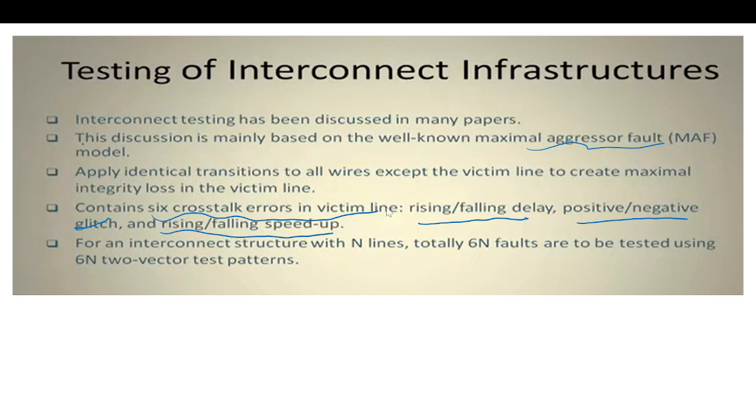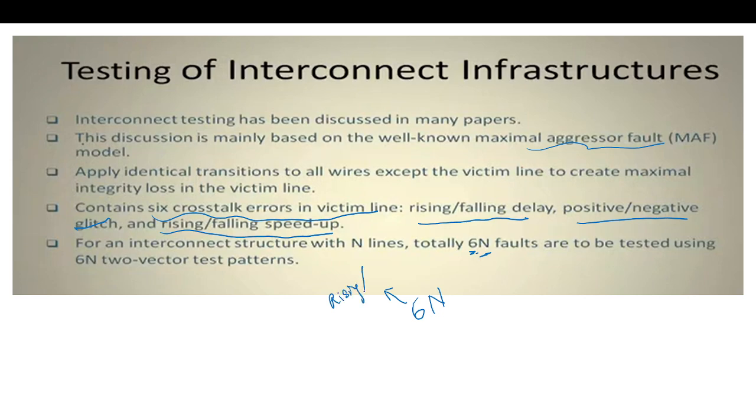So in total we have 6 faults, and if we have n interconnect lines, we will have 6n faults to be tested. You need 6n two-input vector test patterns. What are the 6?